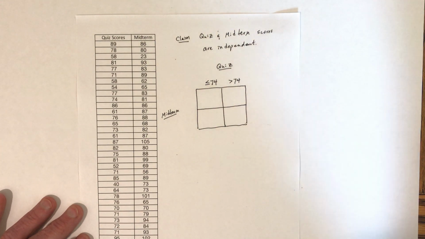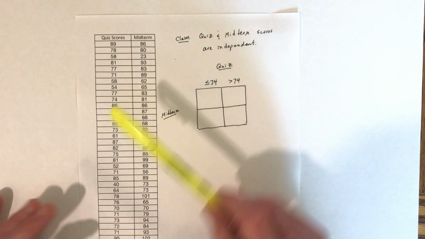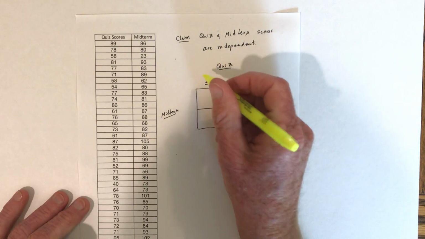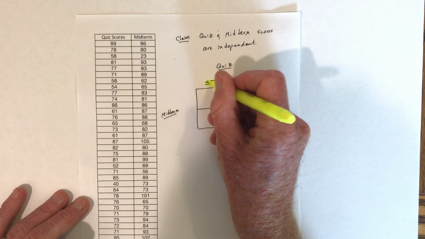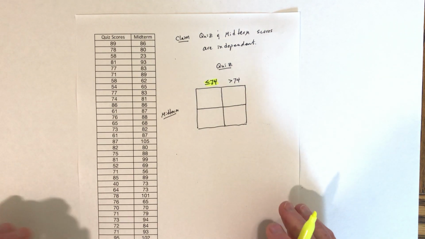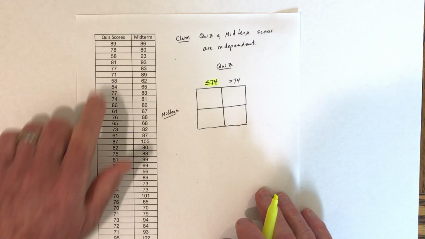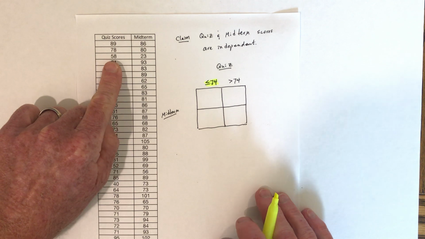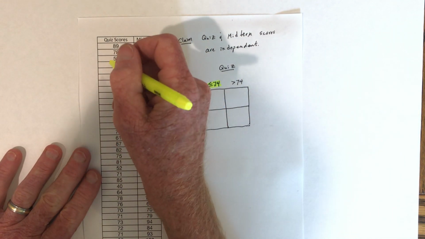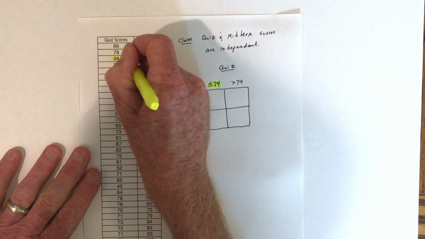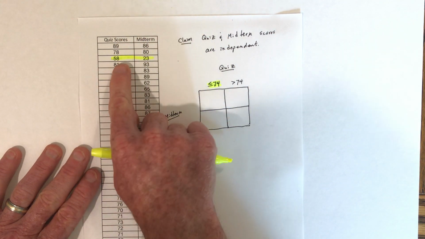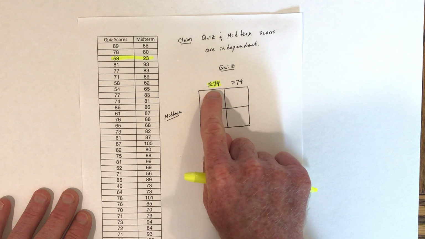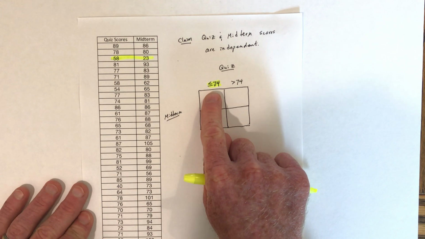Now what I'm going to do is get a highlighter, and I'm going to highlight everybody that got less than or equal to 74. For example, this is the first one. And when I highlight, I'm going to highlight all the way across. In other words, this person is yellow because they belong in this category.